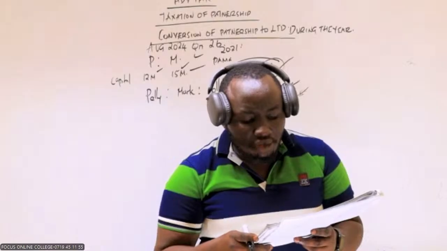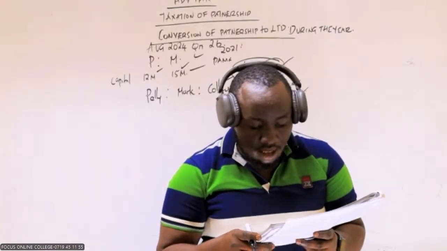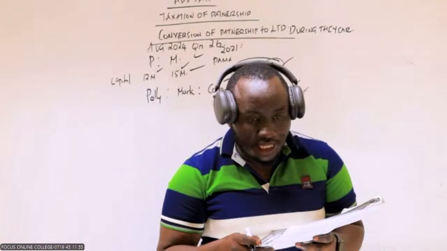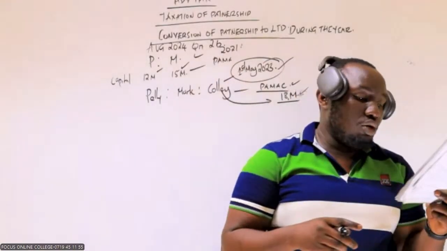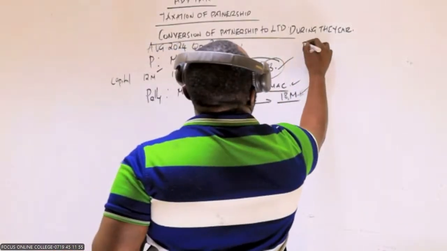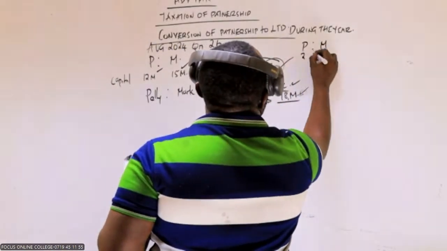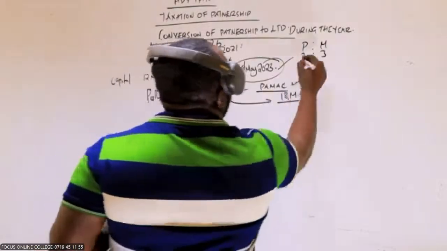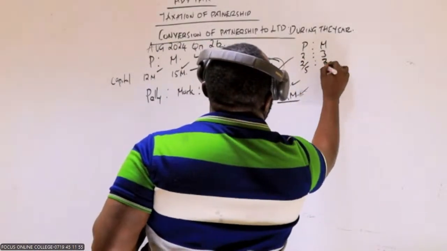Then you say, prior to the admission of Colney, the profit sharing ratio was 2:3. So in this first part where we had Peli and Mark, the profit sharing ratio was 2:3, meaning Peli was getting 2/5 and Mark was getting 3/5.